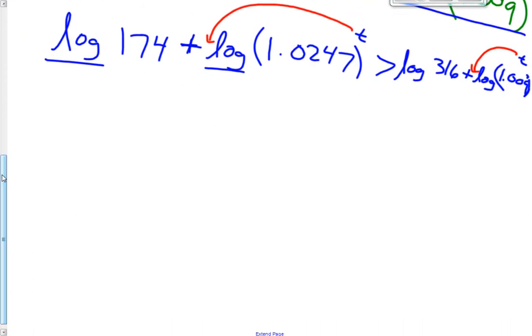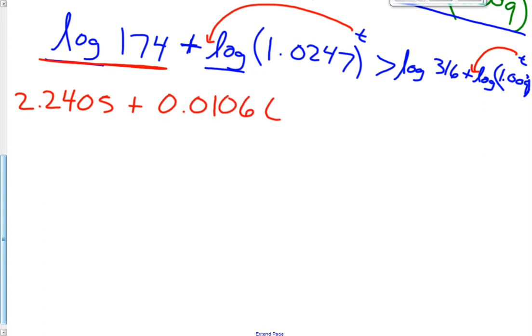So now class, take out your calculators, and let's get a bunch of these gross decimals. What is the log of 174? If you do that in your calculator, you get approximately 2.2405. Plus, what is the log of 1.0247? You should get 0.0106 multiplied by t.